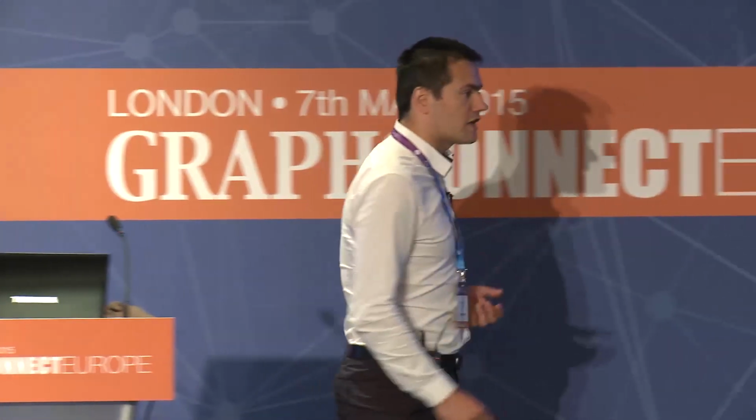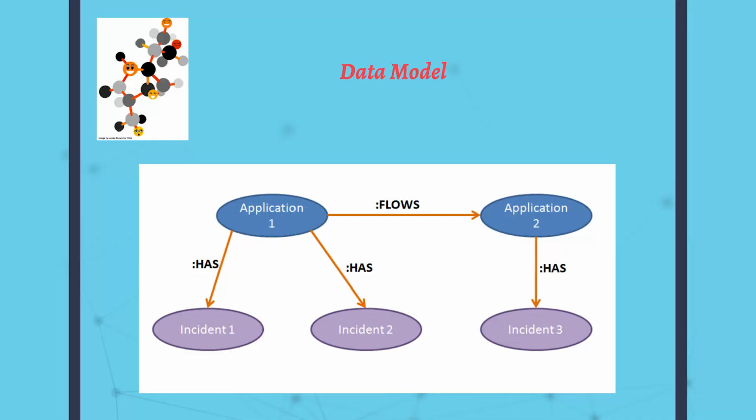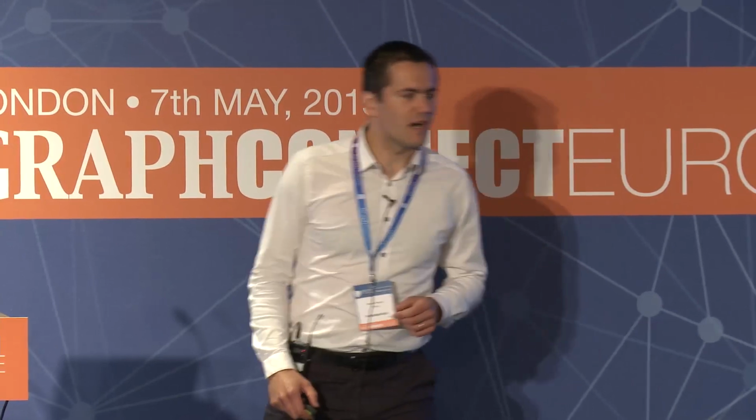In fact, we first have applications which exchange flows together. So the first nodes we design are applications, and the first relationship we design is a flow relationship, okay? Then we have incidents, which are our second entity. And, well, basically, application has incident. So semantically, I'm not reaching very far, but this is the beginning of our data model.